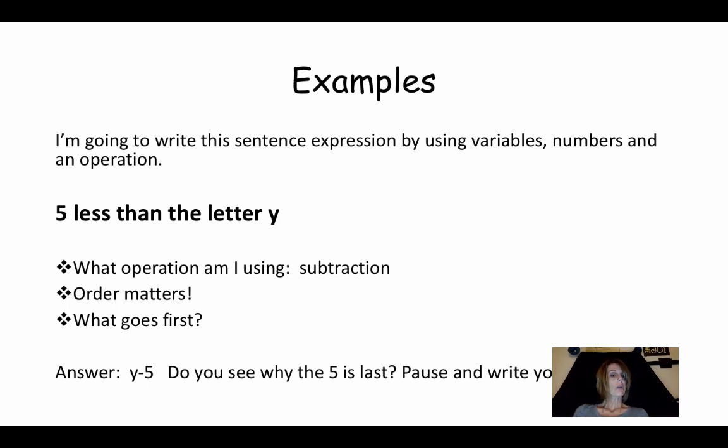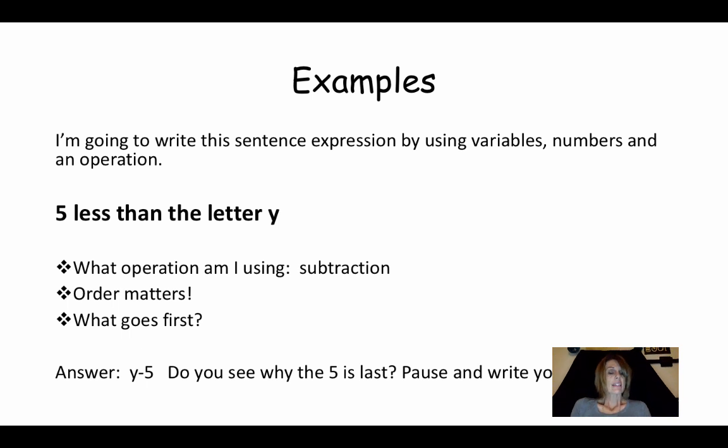Okay, when we go back and we look at 5 less than the letter y, in order to take 5 from something, does it make sense to you that we need to have something to begin with? If I said I need $5 from you, I'm going to take $5 from you, doesn't that imply that you already have some money? So I'm taking some from you.